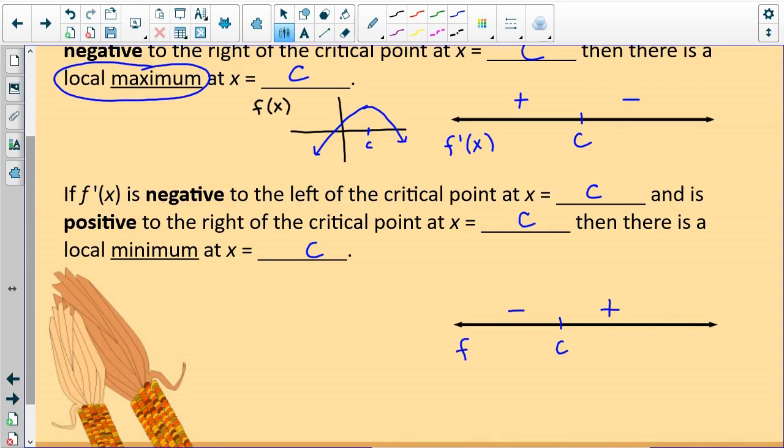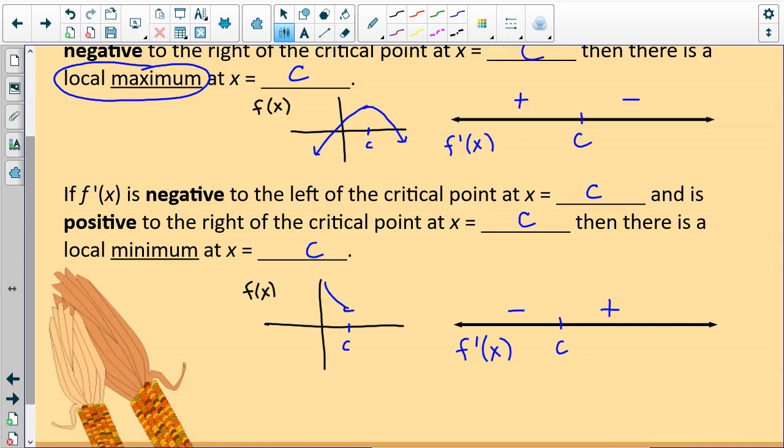So if I have, again, a little chart of f', and it's negative to the left and positive to the right, if I take a look at the graph of f(x), that means we're going to have at some point c a spot where my function, since f' is negative, has tangent lines with negative slopes, which means that my function is decreasing.